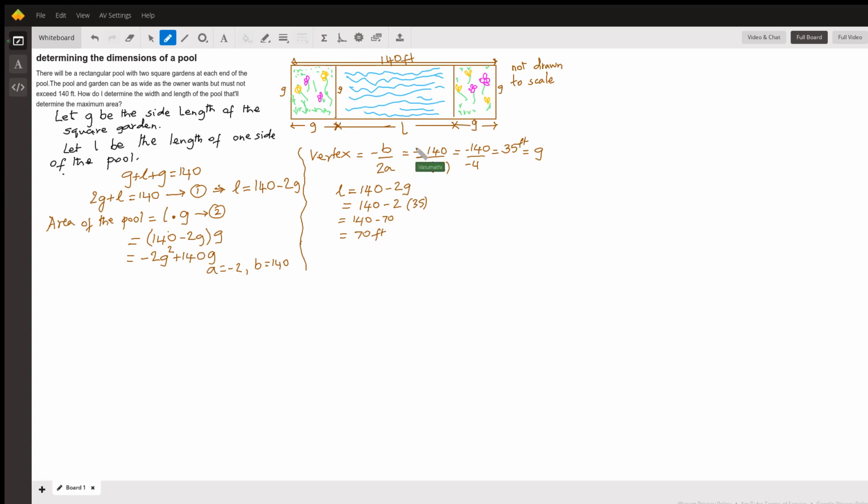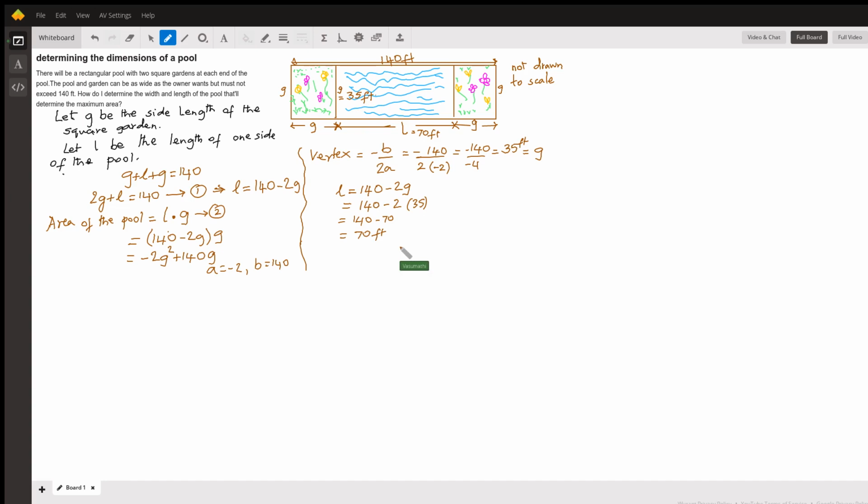So if you want the maximum area, our pool should have the length 70 feet. The longer side is 70 feet, and the shorter side, which happens to be one side of the square garden, will be 35 feet.